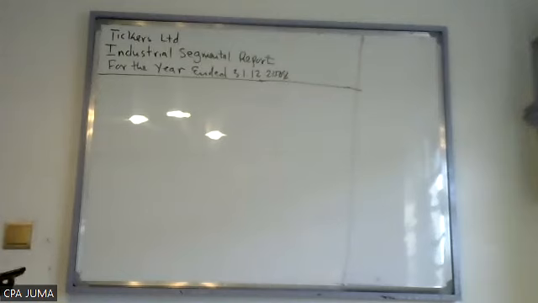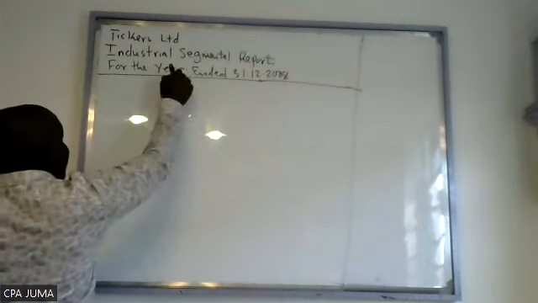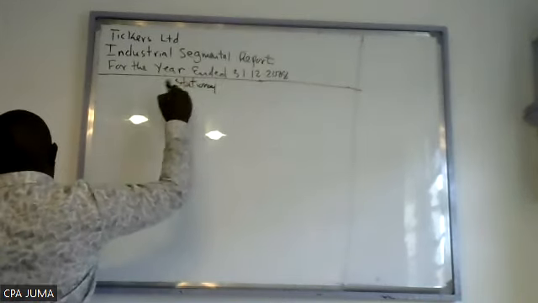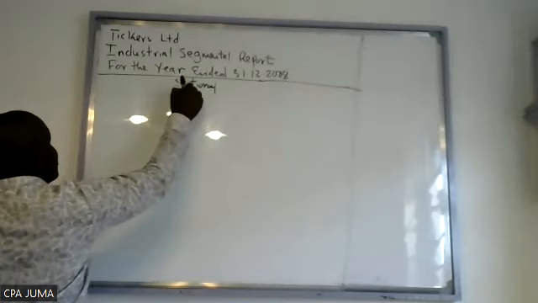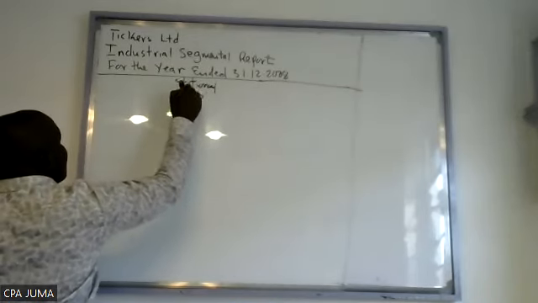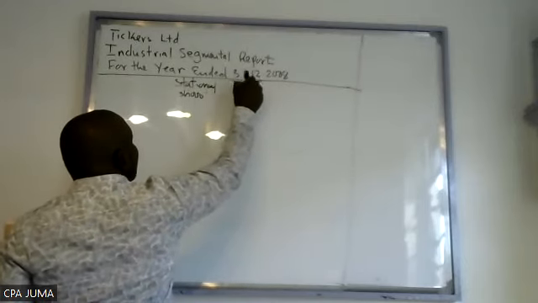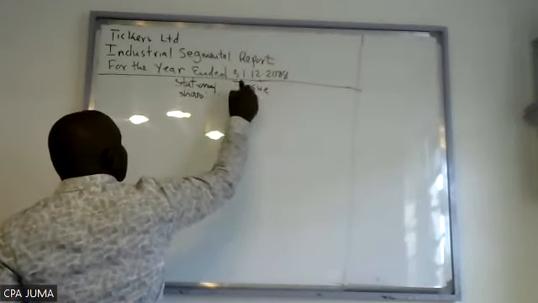So industrial, we are going to have stationery, billings are in thousands. We have tissue, the same.